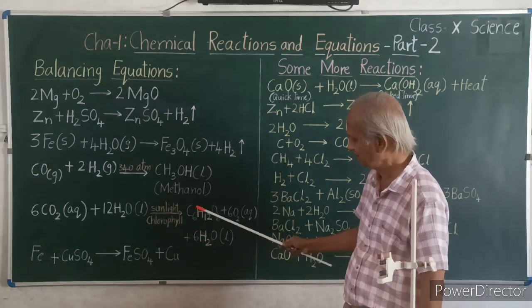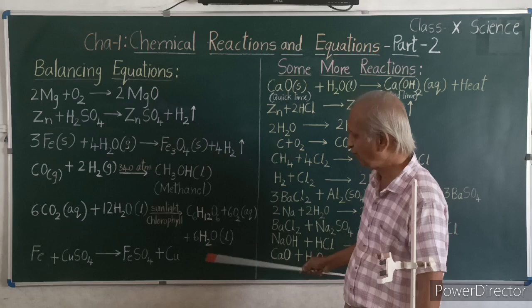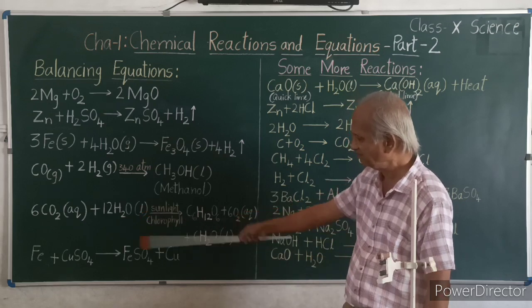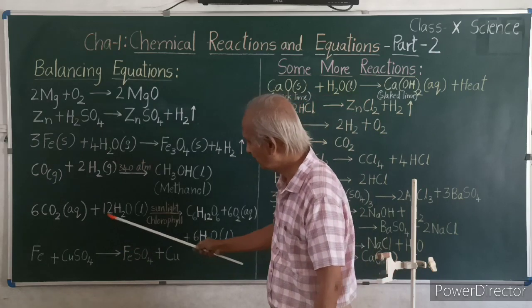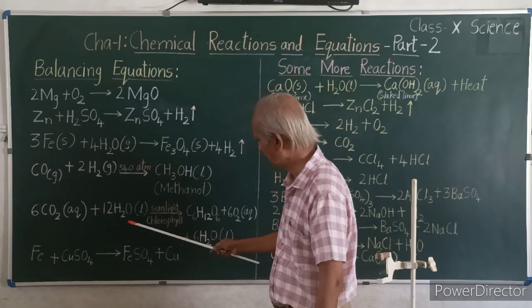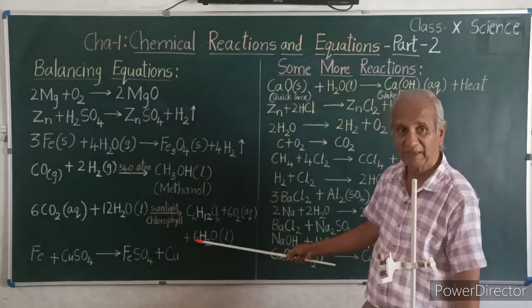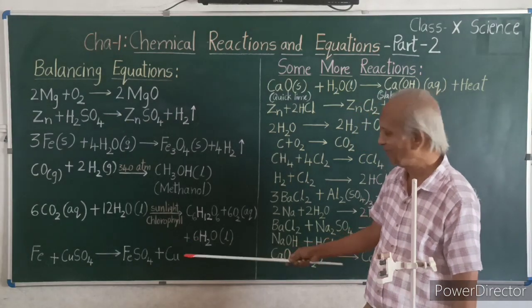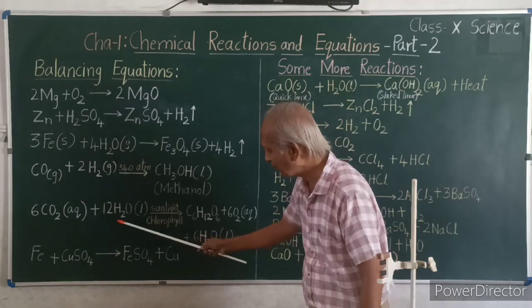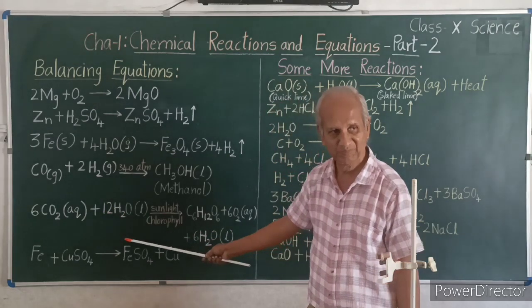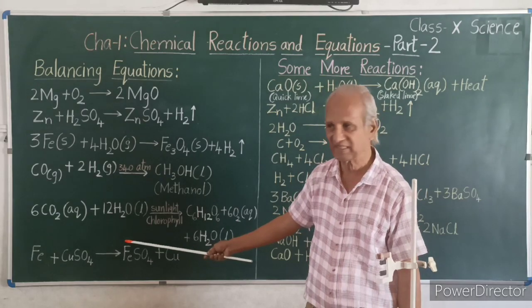Together it is 12 plus 2, 14 atoms. Let us see here. 12 into 2, it is 24. Here, 2 into 6, we are not multiplying. You have to work out. Now, here it is 24. 12 into 2, you have to always multiply, I have told you, to find out how many atoms are there.